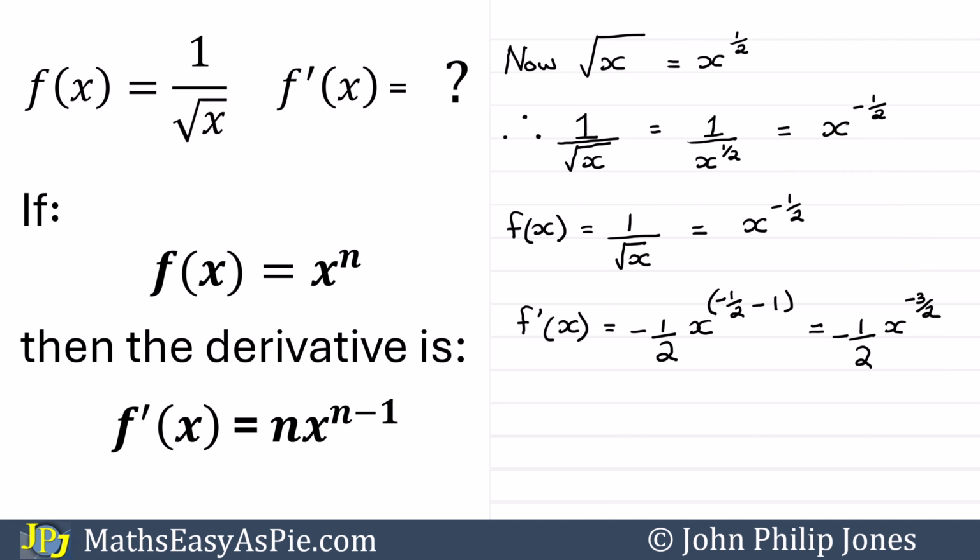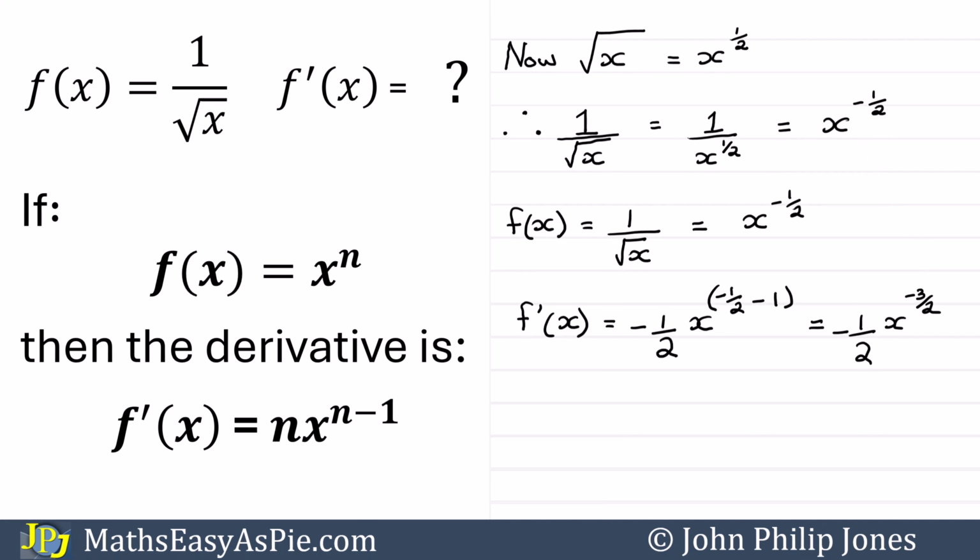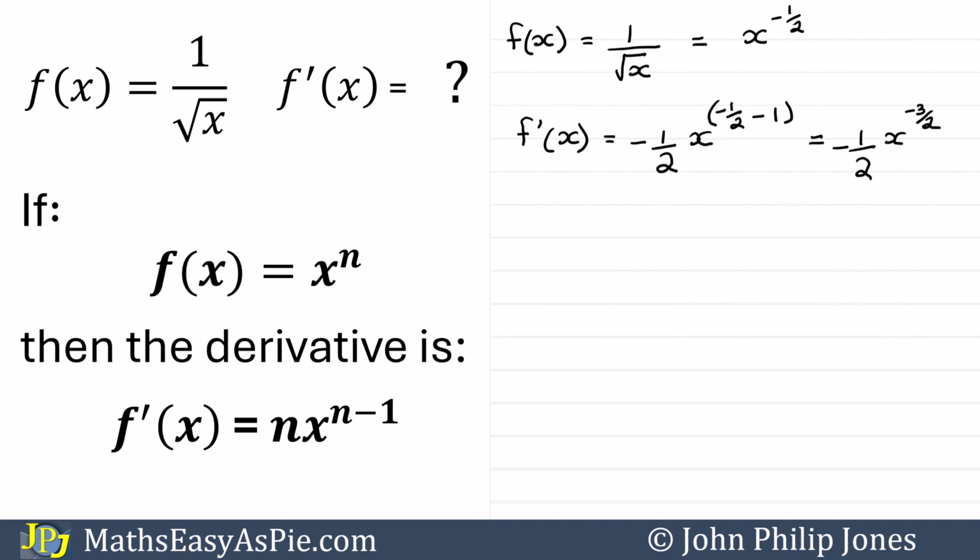Now I'll give myself a little bit more room by moving this up here, and we can now carry on with the calculation. I am going to work on x to the minus 3 over 2 in isolation. Now this can be rewritten as 1 over x to the plus 3 divided by 2, which can further be written as x to the 3 raised to the power of 1/2.